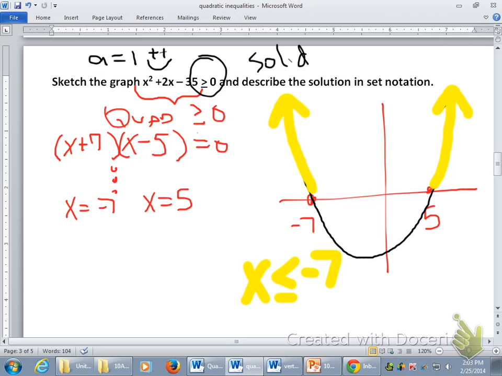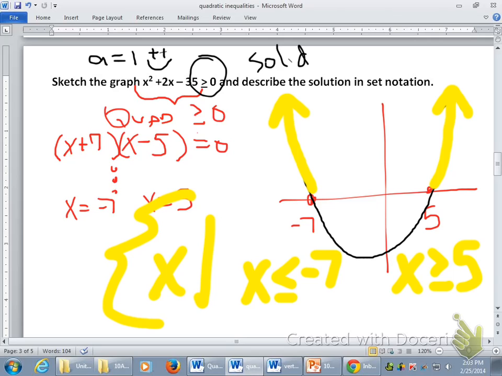Or it could be anything greater up here, greater than 5. 5 gives it to me, 6, 7, 8, all of those. So anything greater than 5, greater than or equal to 5. So if I write that in set notation, looks like this. The word or is in there somewhere.